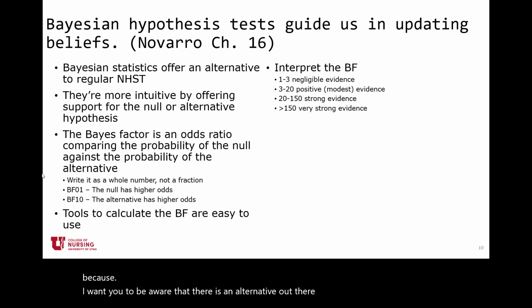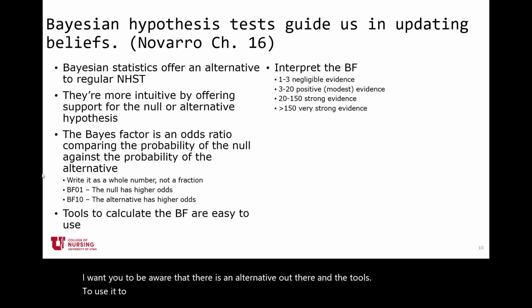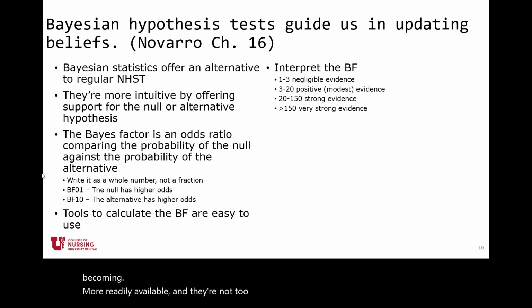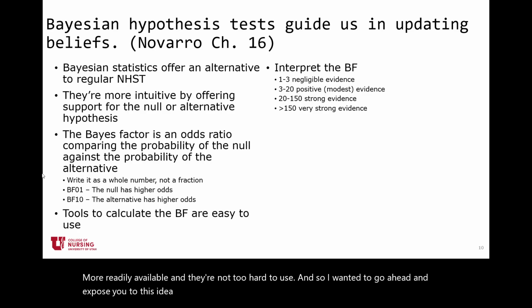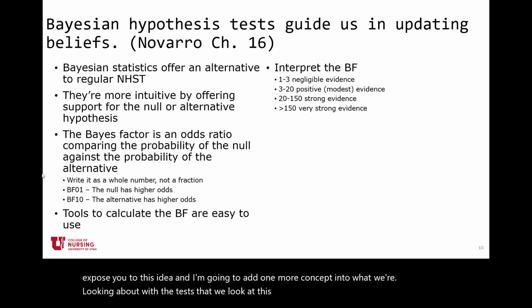The tools to use Bayesian statistics were not widely available in the past, but they're becoming more readily available, and they're not too hard to use. And so I wanted to go ahead and expose you to this idea, and I'm going to add one more concept into the tests that we look at this semester, and that concept is the Bayes factor.